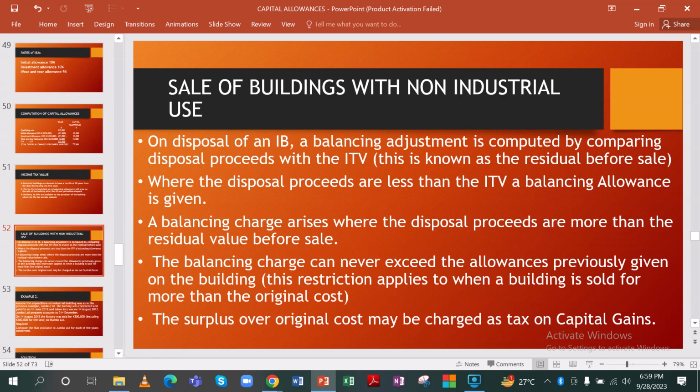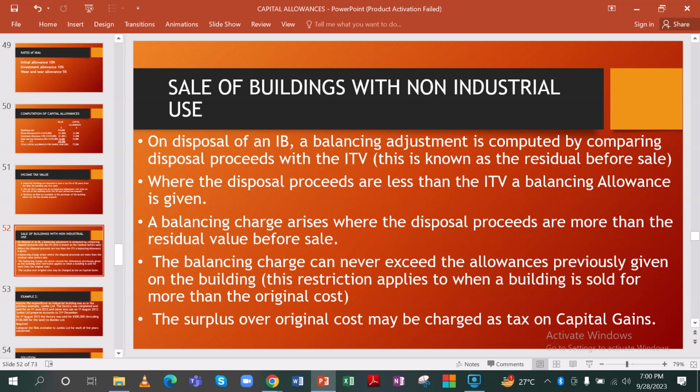Now, what happens when there is a sale of a building? Let's say on disposal of an industrial building, a balancing adjustment is computed. Just like we learned when dealing with implements, plant and machinery, in the year of disposal you do not calculate capital allowances.